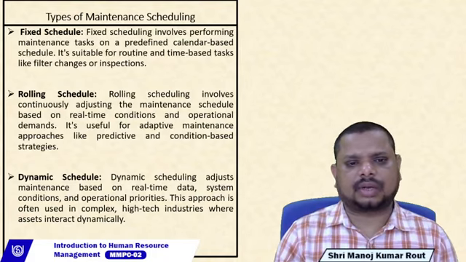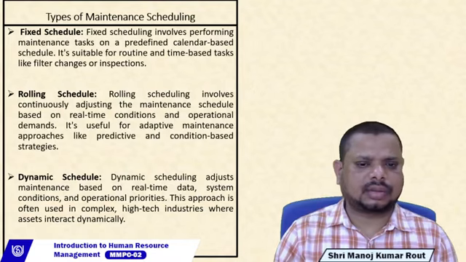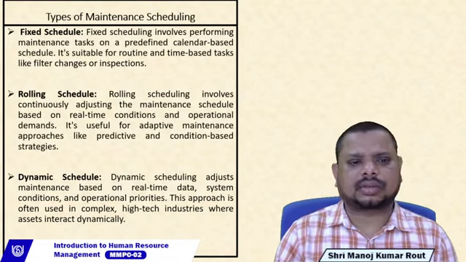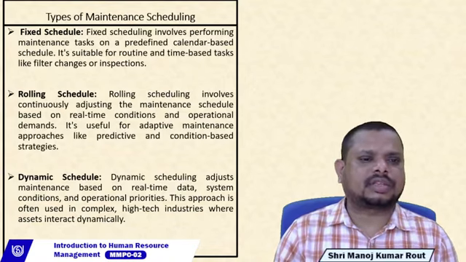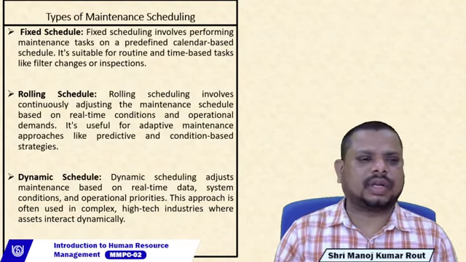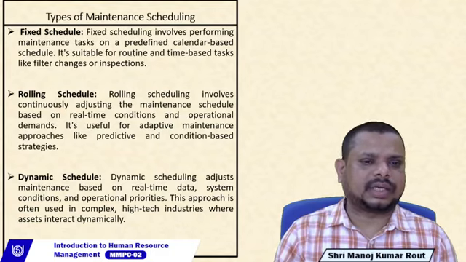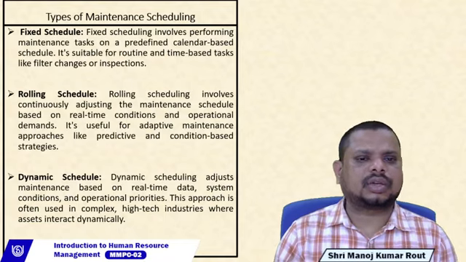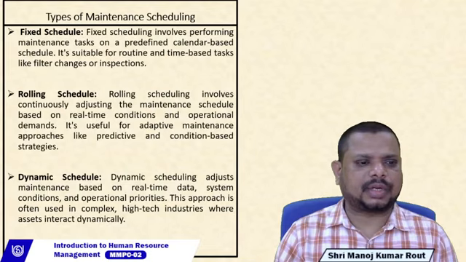Fixed schedules are done for pneumatics, hydraulics, gearboxes, and machines, which have various routine and time-based tasks, for example filter change, oil top off, greasing, tightening the covers, tightening the bearing blocks. So these are the routine and time-based tasks which are fixed by the maintenance departments.